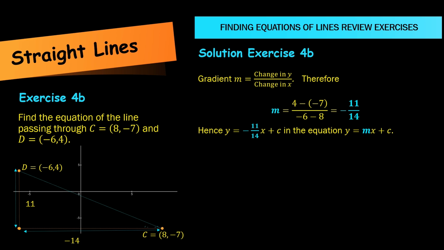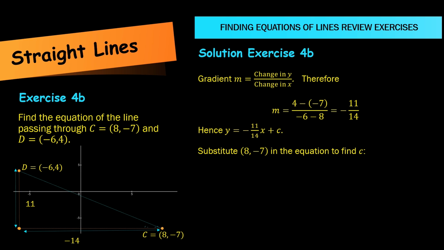Now let's substitute 8, minus 7 in the equation to find c. Substituting y equals minus 7. Minus 11 over 14 is the gradient. x equals 8. And here's c. Now rearrange to find c.